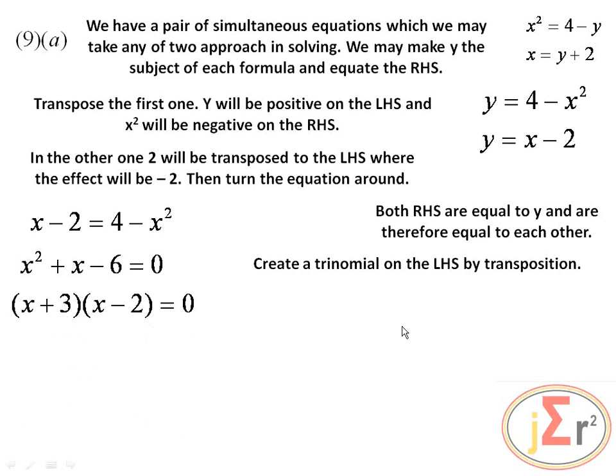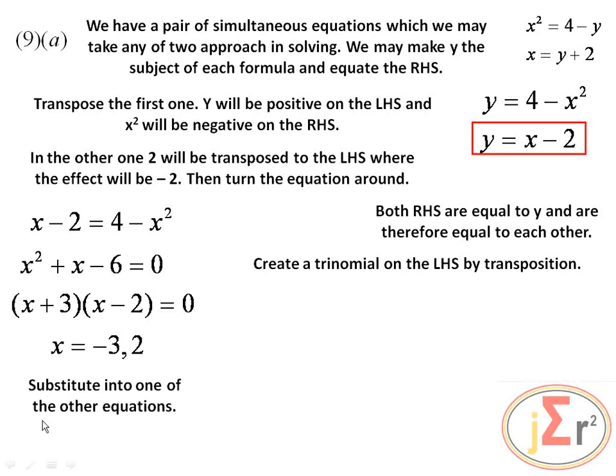So we have x plus 3, x minus 2 is equal to 0, and the solution of which will give x is equal to negative 3, x is equal to 2, for which we need to find two corresponding values of y.